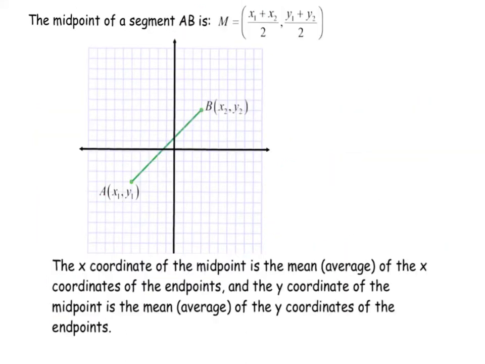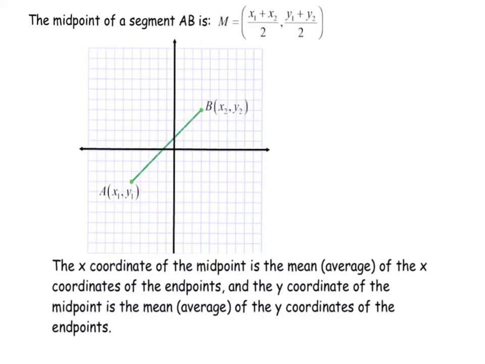The second formula we are going to look at today is the midpoint of a segment AB, where the first endpoint is A, and the ordered pair that represents that endpoint is x1, y1. The second endpoint is B with coordinates of x2, y2.